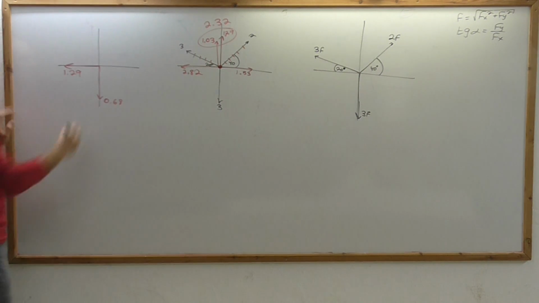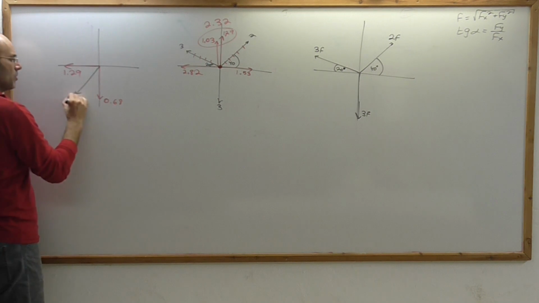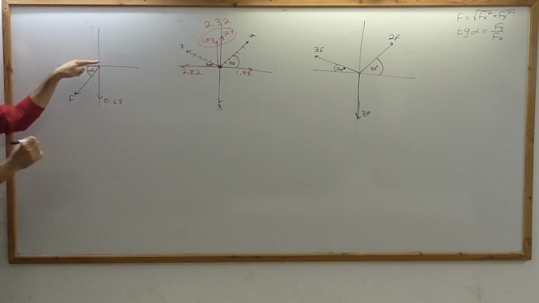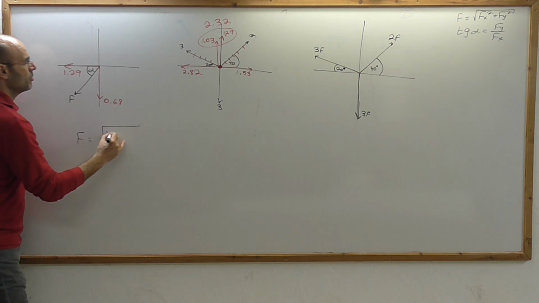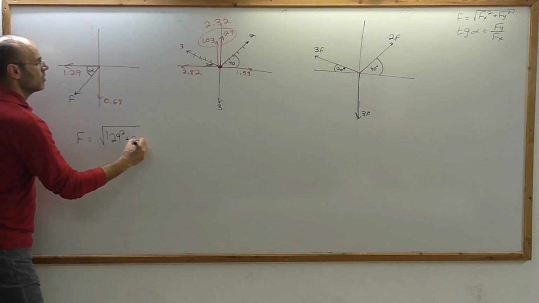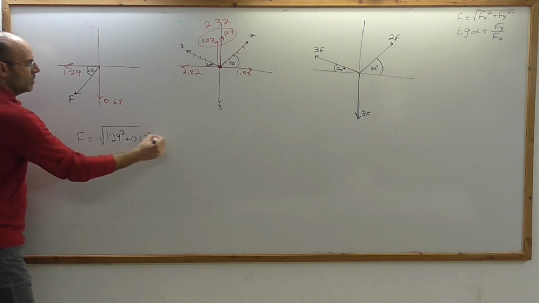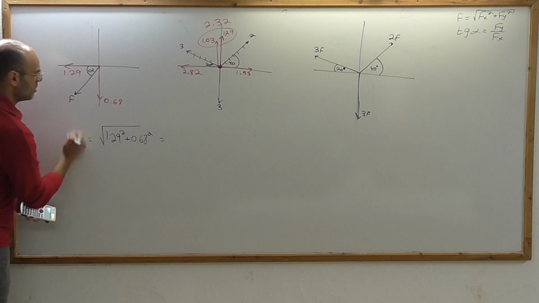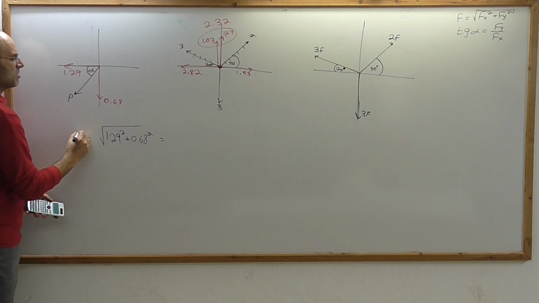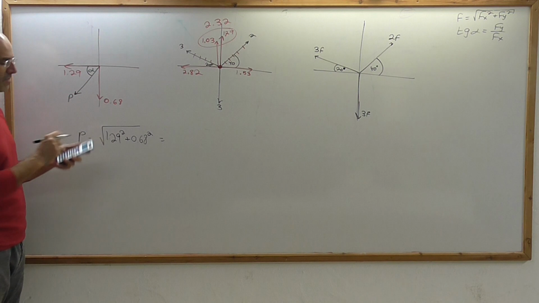Okay, so the resultant will be somewhere here, the alpha always beside the x. So the force will be the square root of 1.29 squared plus 0.68 squared. Let's not write F because F is taken, let's write P, because I used F there.